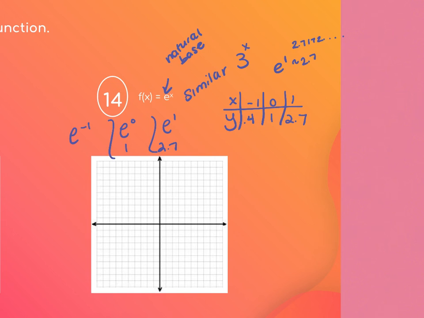So on that one, you have to do negative 1, and then you have to do second ln. Okay. Let me find it on my calculator.